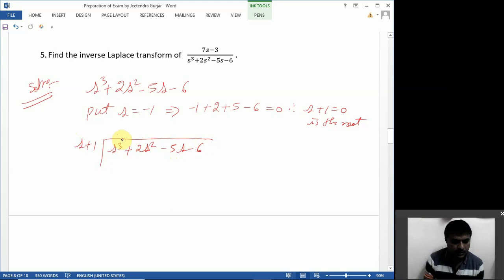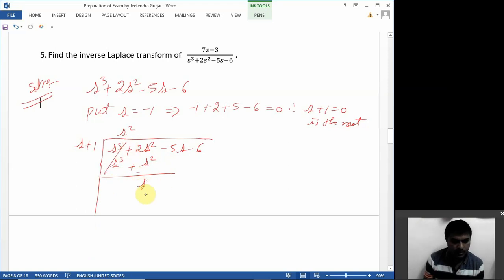I will take this as s square. Multiply s plus 1 by s square, this is going to become s cube plus s square. Change the sign, minus minus, so this gets cancelled.